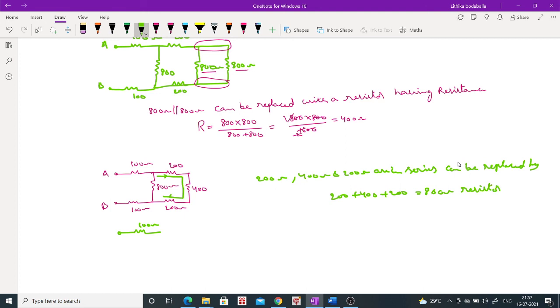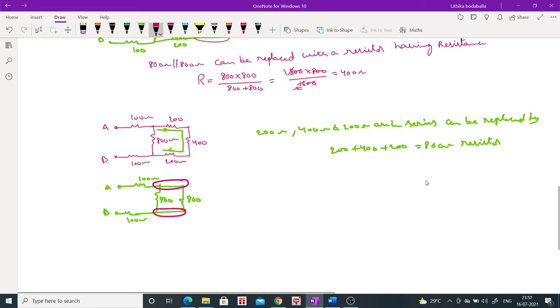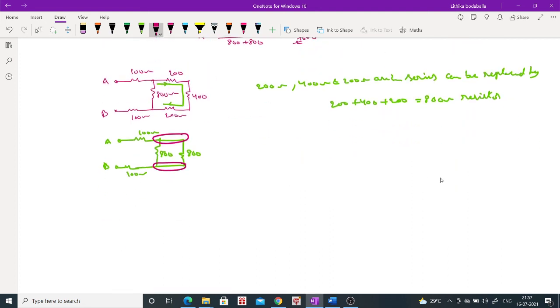Okay, now this is 800 already. Now another 800 is coming here and there is a 100 ohm here. This is terminal A, this is terminal B. Now again if you observe, this 800 and 800 are in parallel, so can be replaced with a single resistor having resistance 400.